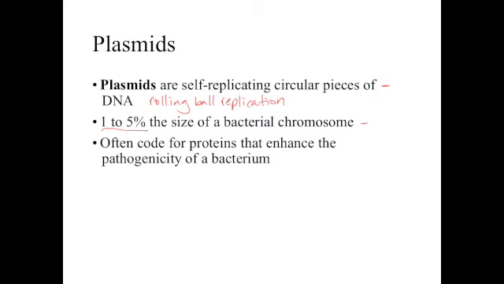So they don't have a whole lot of genes in them, but they can pack a lot of important information into each plasmid. When it comes to human health, often plasmids code for proteins that enhance their pathogenicity or make them more disease-causing. So let's look at a couple of examples of what plasmids can carry.